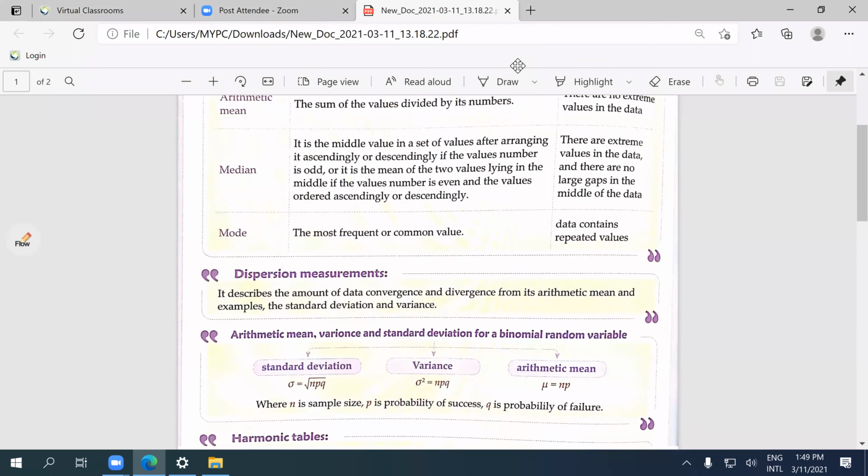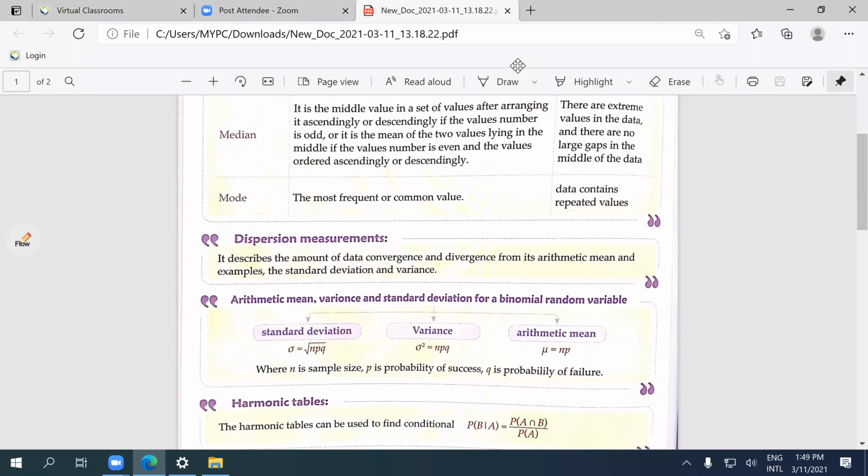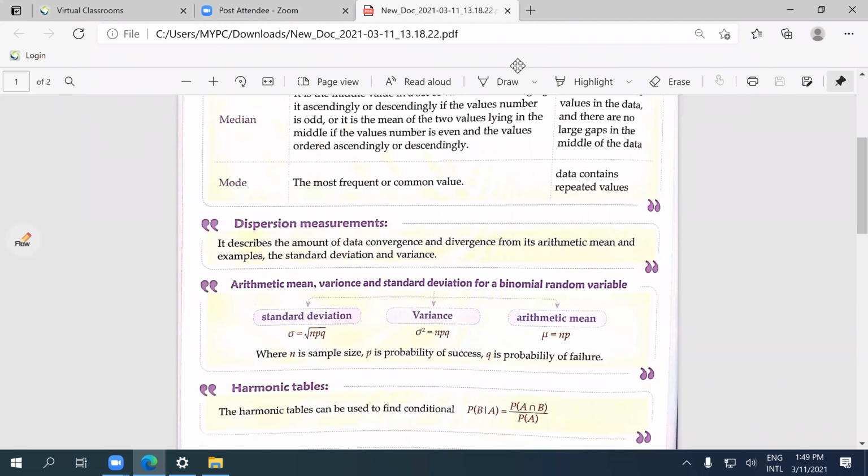Dispersion measures. Dispersion, or variation, means that if we have some values, one of the values is an extreme value. What is an extreme value? For example, I have five subjects.